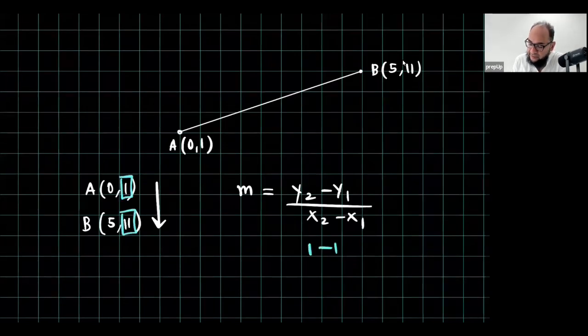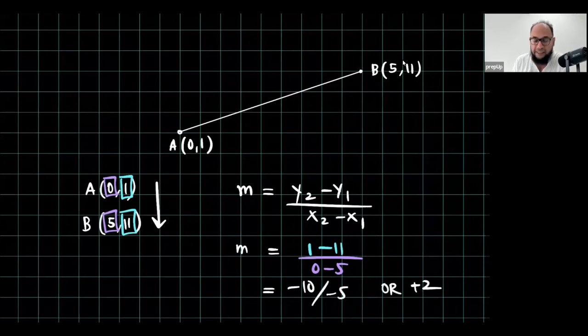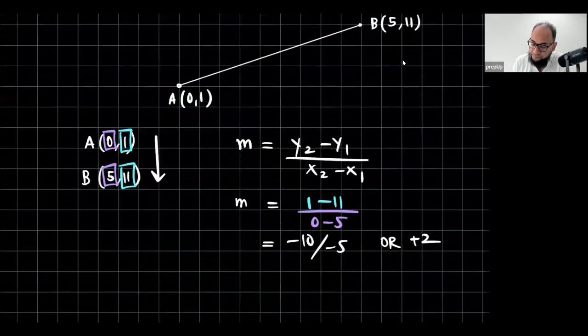So this is 1 minus 11. Similarly, this is x2, this is x1. So this is 0 minus 5. So what do I have? I have m. This equals to negative 10 divided by negative 5, which comes out to be positive 2. So that is the gradient right over here.